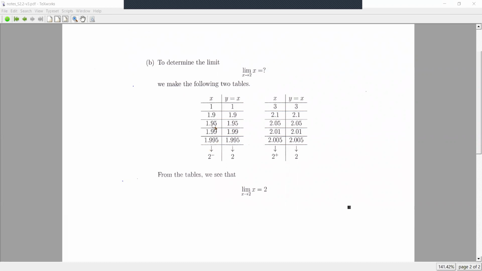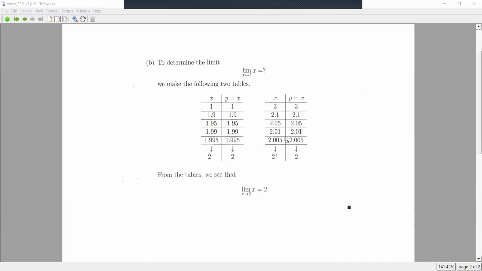When x is 1.95, function value is 1.95. So when x approaches 2, function value approaches 2. In the second table, I let x approach 2 from the right-hand side by taking these points. Again, function approaches 2.